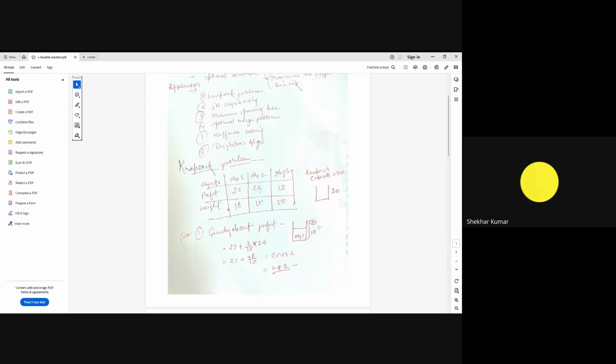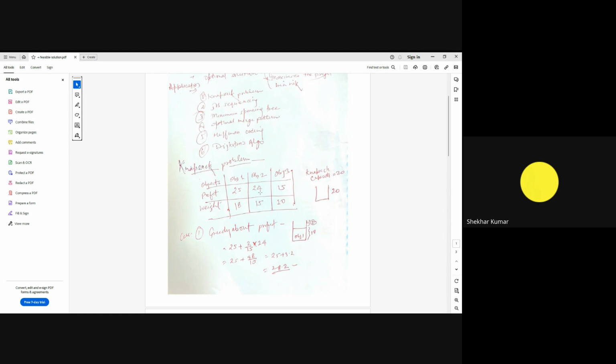The profit so far is 25, plus now we will check which has the next maximum profit. Object 1 is already in the knapsack, so we will check object 2 and object 3.